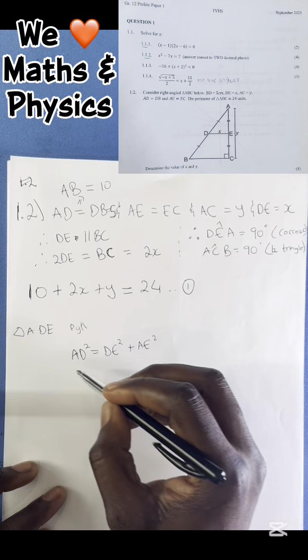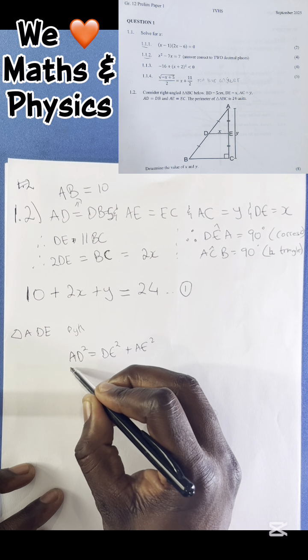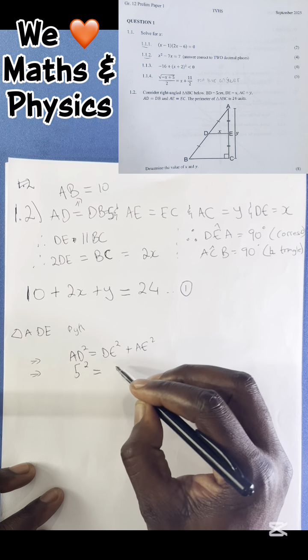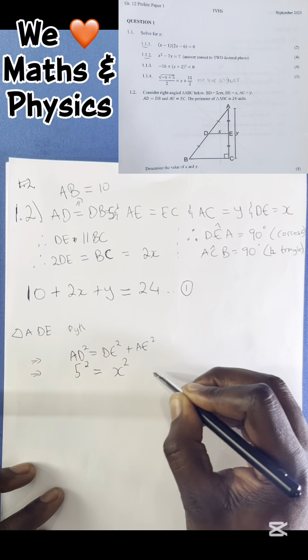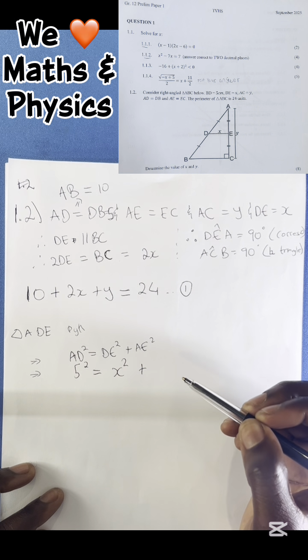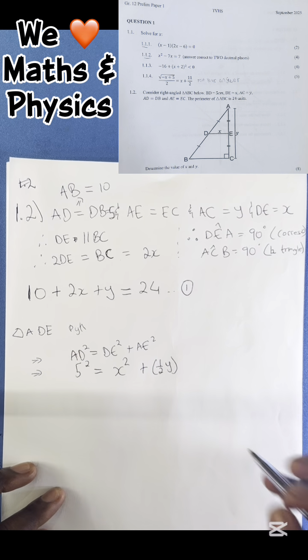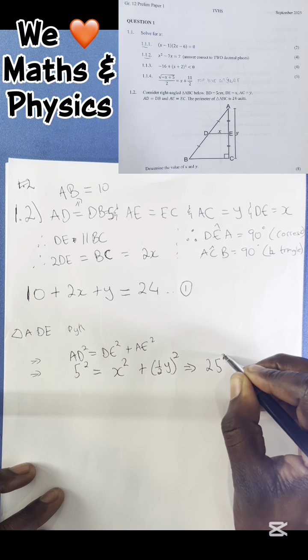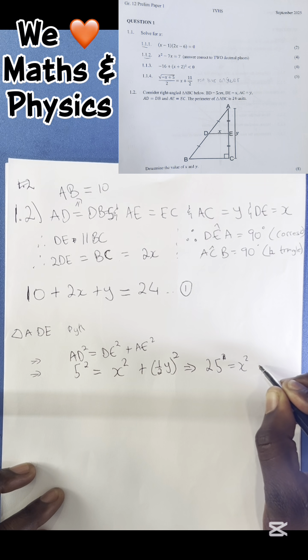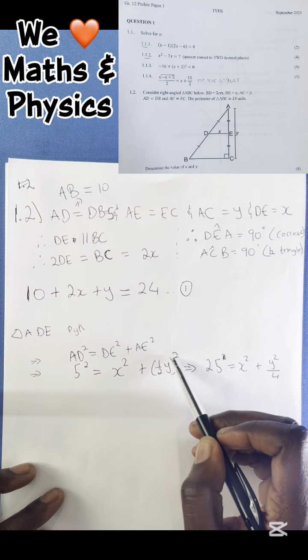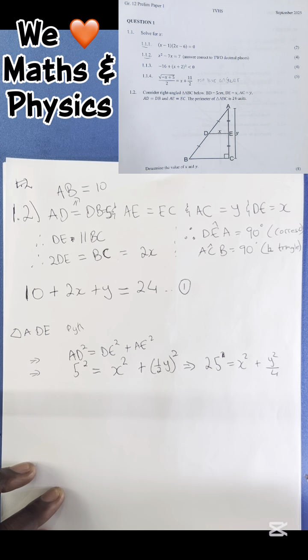First step, second step: this would be 5 squared equal to DE, which is x, squared, plus, if AC is equal to y, then AE is equal to half y, squared, which then simplifies to 25 equals x squared plus y squared over 4. And also remember guys, this is being squared, and that's how we get y squared over 4.